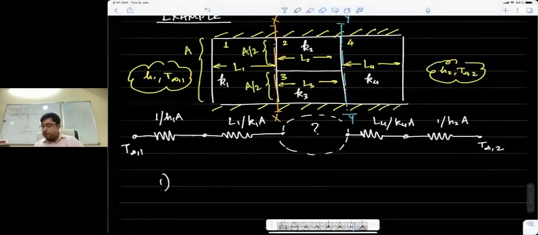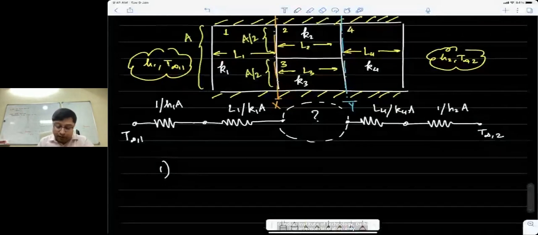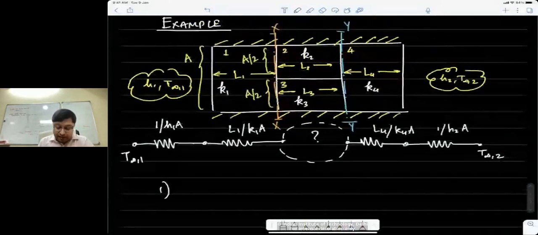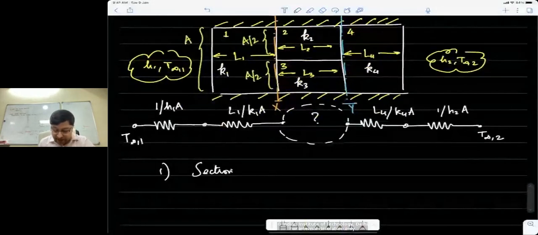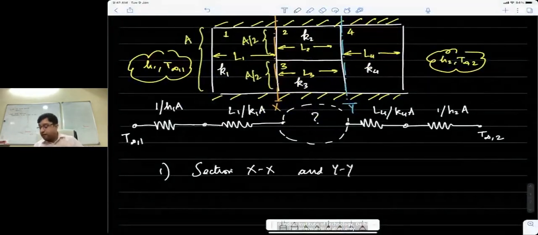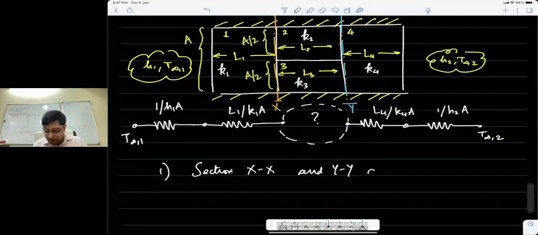So the first thing that I will assume to do this calculation is that I could say that section XX and YY separately are isothermal.